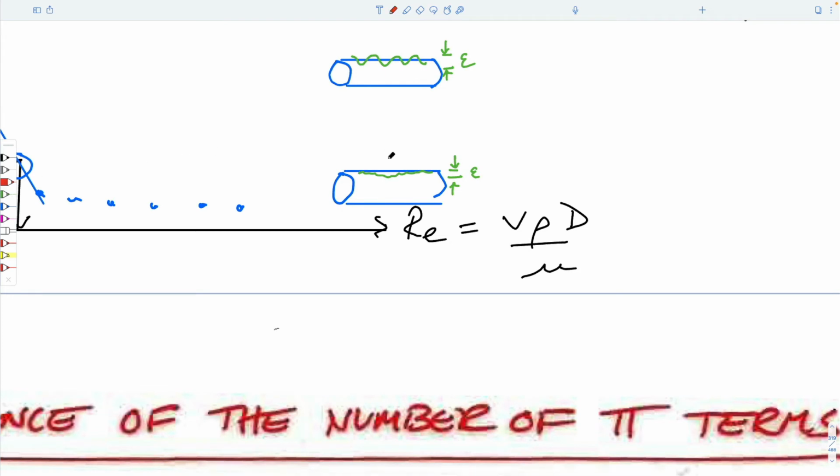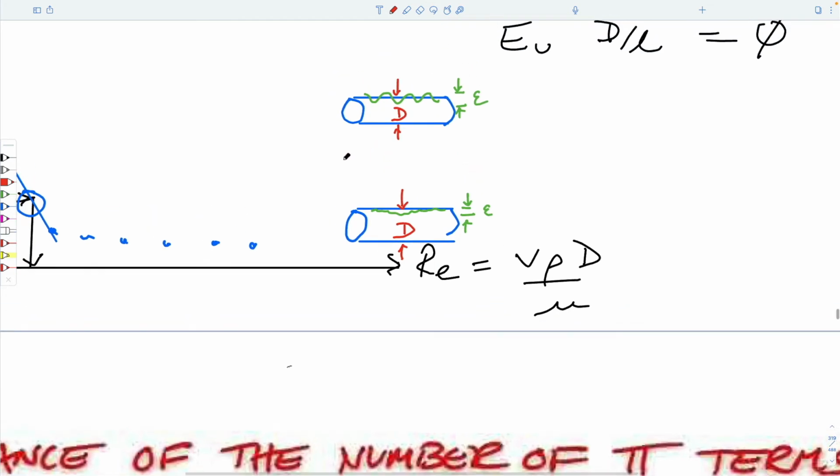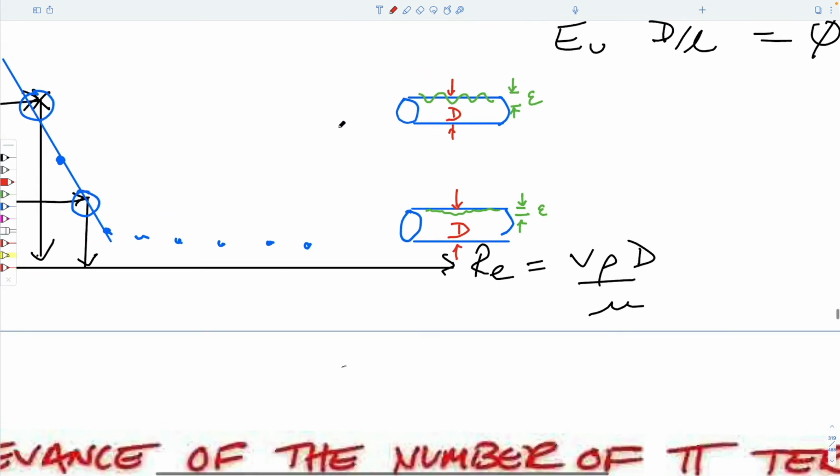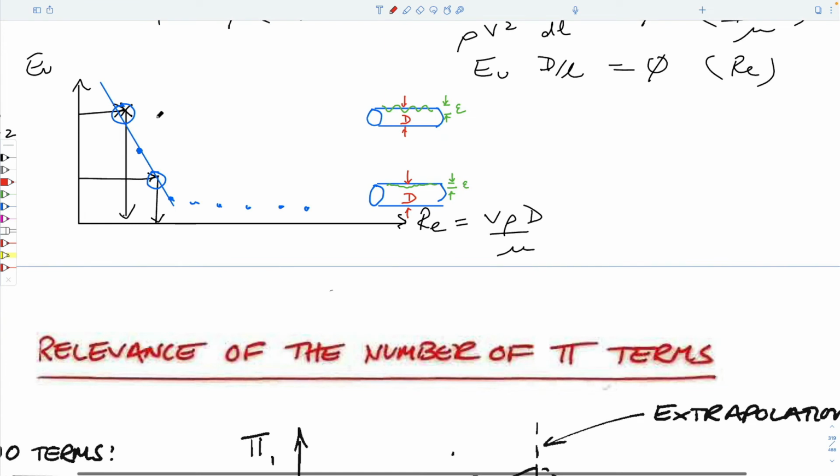And both these pipes are the same otherwise. They have the same diameter. Then we'd see that if we did this rougher pipe, then the results that we'd get would be some data that would look like this, and maybe it would go across here like this.